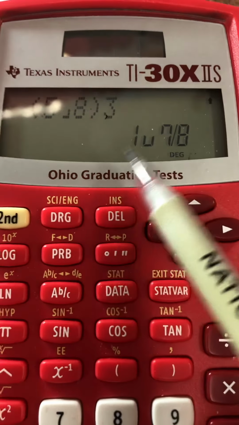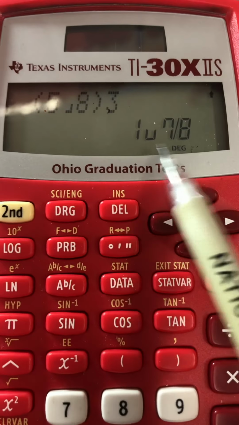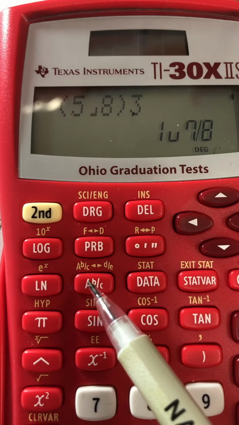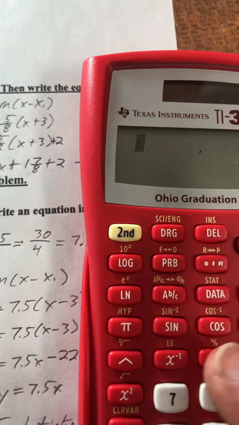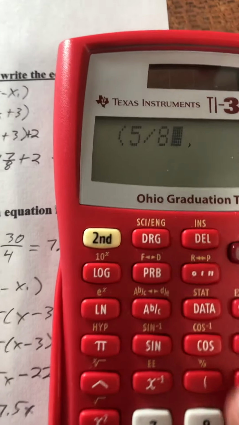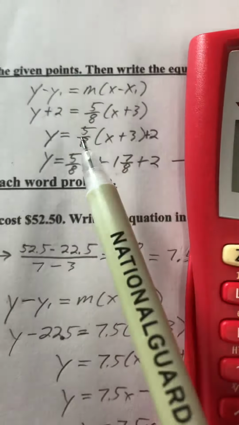Your calculator just looks like that if you're using the TI-30X. It just ends up like that. You could do it that way, using the ABC button, or you could do it this way. 5 divided by 8, because a fraction is a division problem.